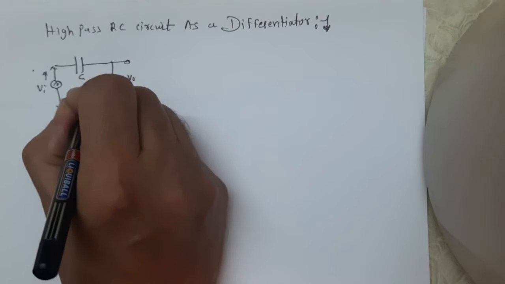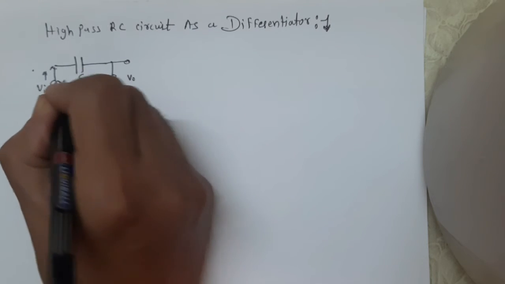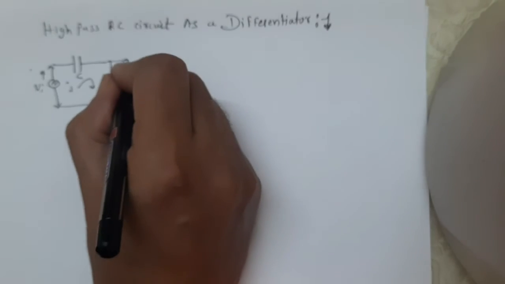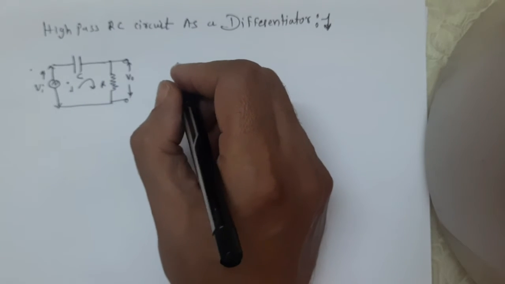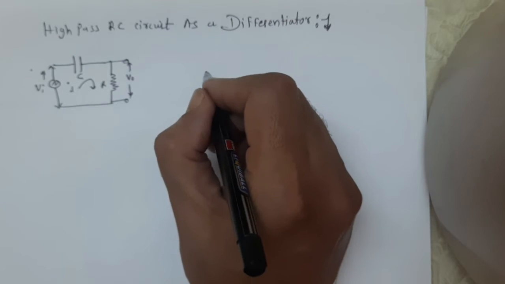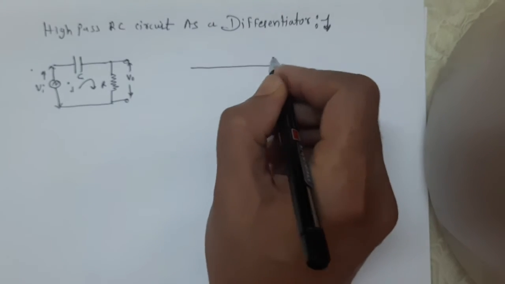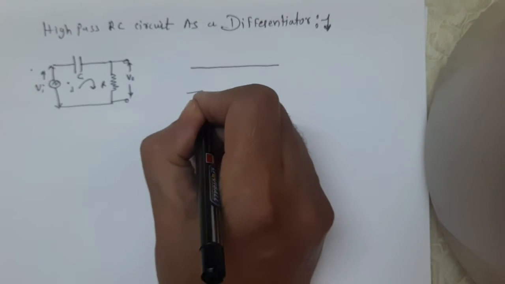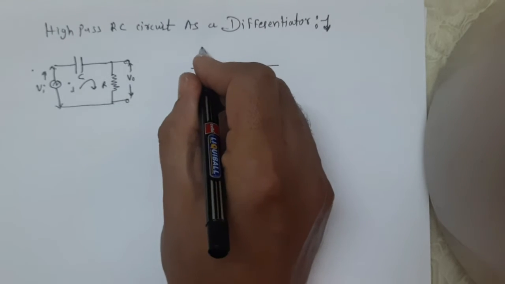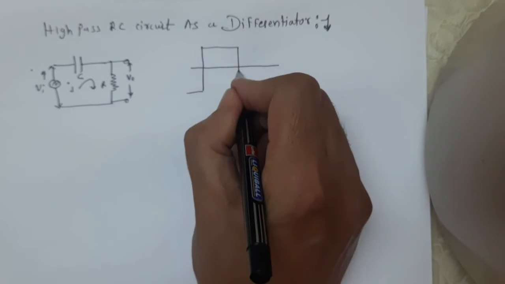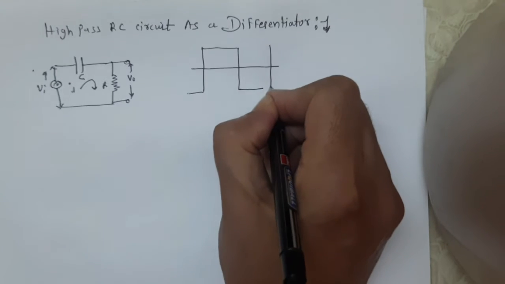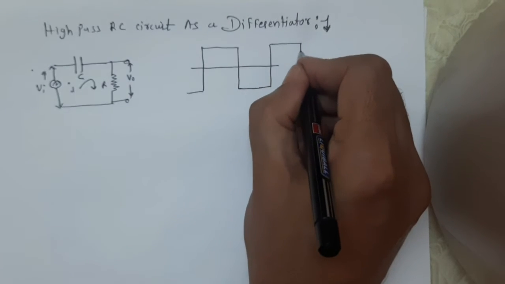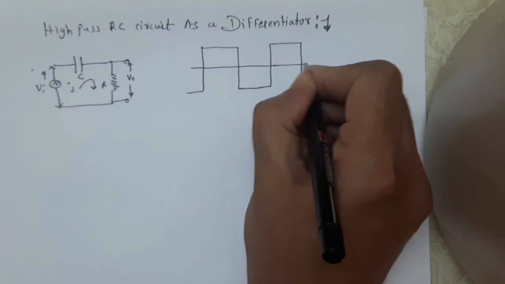This is the current I. Here, first of all, this is our input pulse wave, or we can say square wave. This type of input we are applying here.